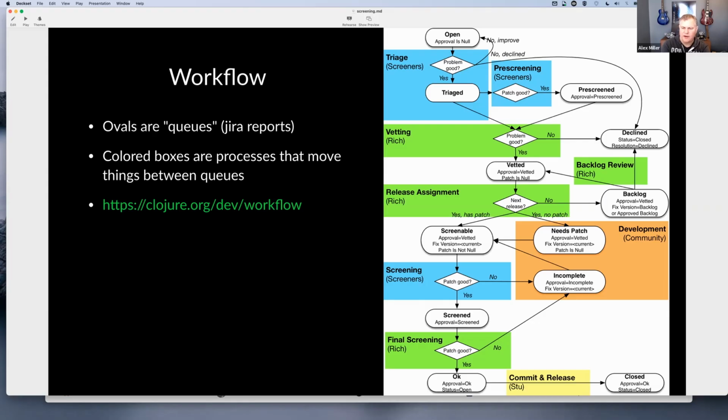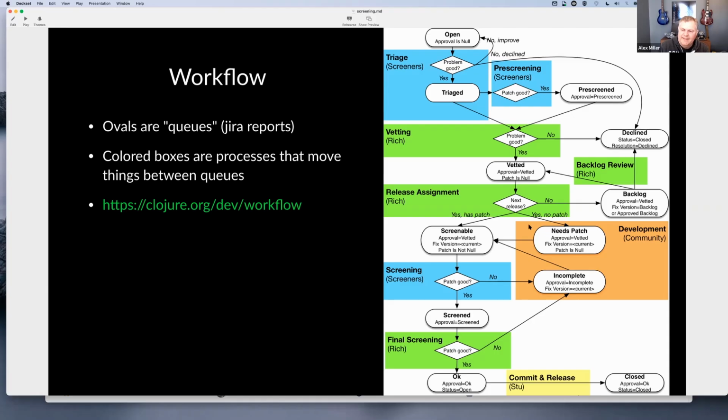I'll talk later about how you can help with that. There we're evaluating the solutions considered, the solution that was chosen, the patch that was added, all that kind of stuff. It's pretty common for that to then get dumped into incomplete. What happens in this development phase is a little murky.